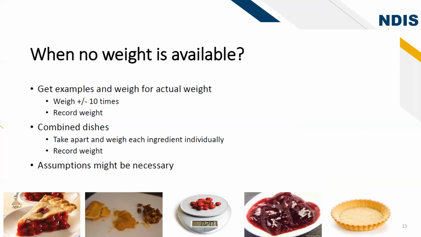I would suggest, if it's a food item that is commonly consumed, that is almost on all of your questionnaires, that item needs to be weighed and it needs to be quantified properly.